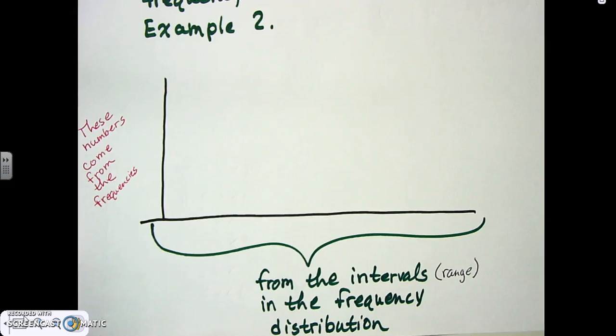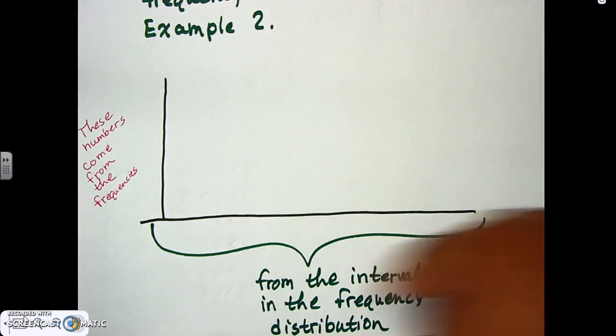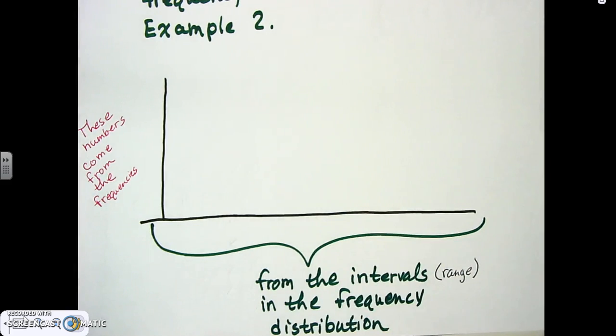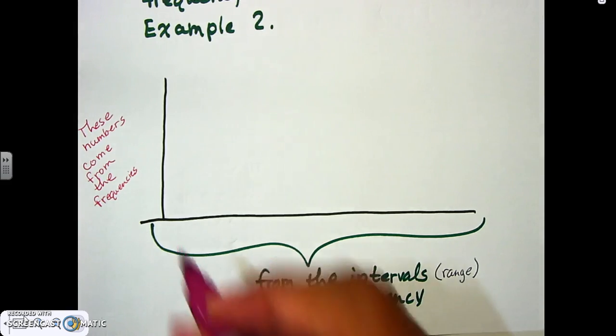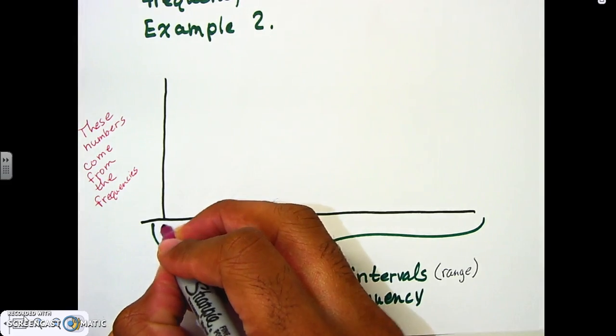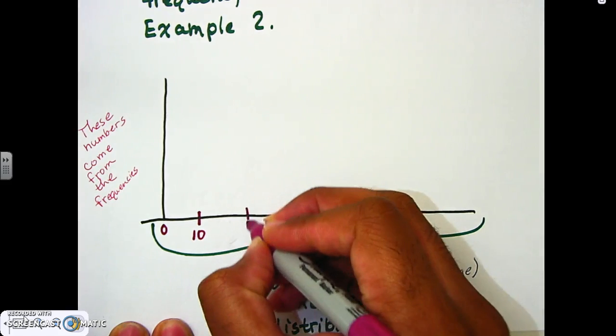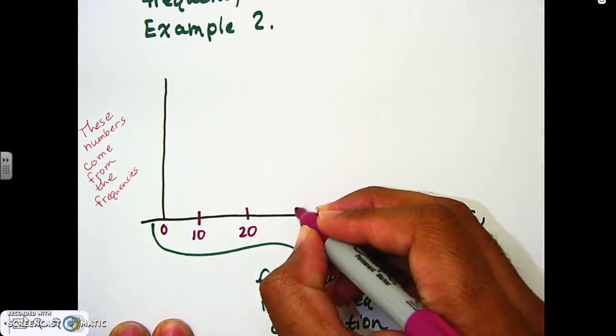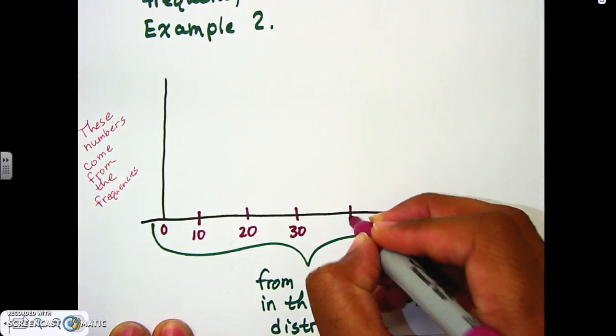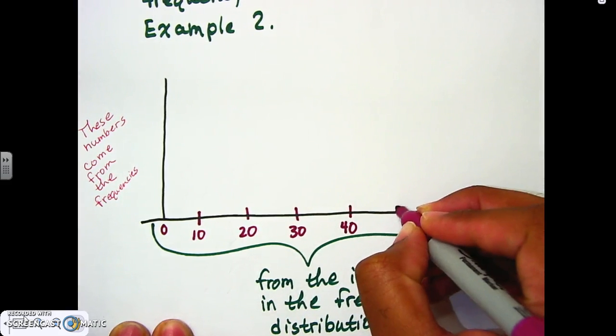Everything. So here, talking about the range parts, I'm going to throw these in. Our ranges went by tens. So here, we're going to start off with 0. The next number is going to be 10, then 20, then 30, then 40, 50.